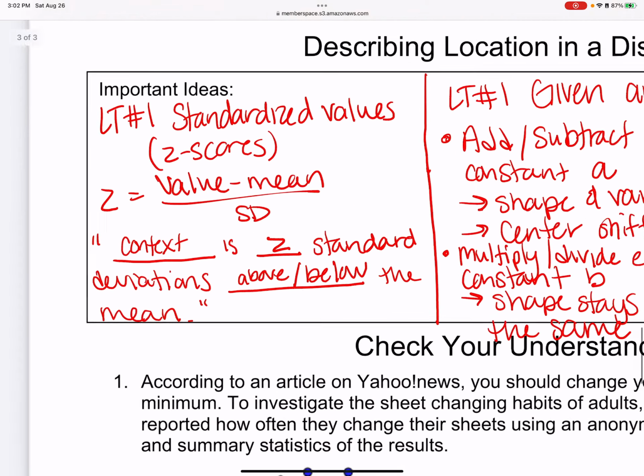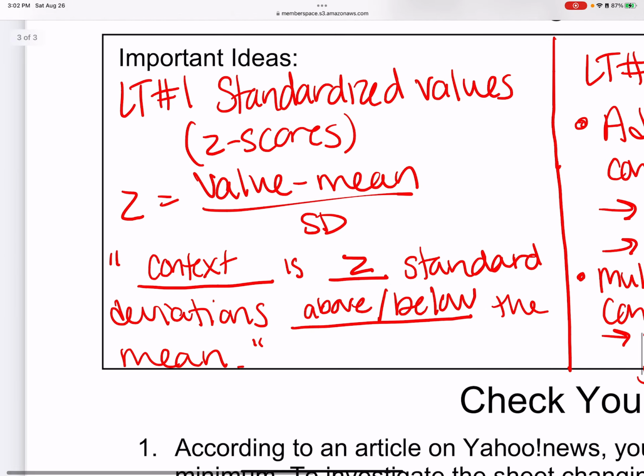So learning target number 1 is your standardized values, or your z-scores. You have your z-scores, your value minus your mean divided by your standard deviation, and your context is your z standard deviations above or below the mean. So, if we were talking about test scores, you would say my test score is 2 standard deviations above the mean or 4 standard deviations below the mean, and that's how you would interpret the value of your z-score.